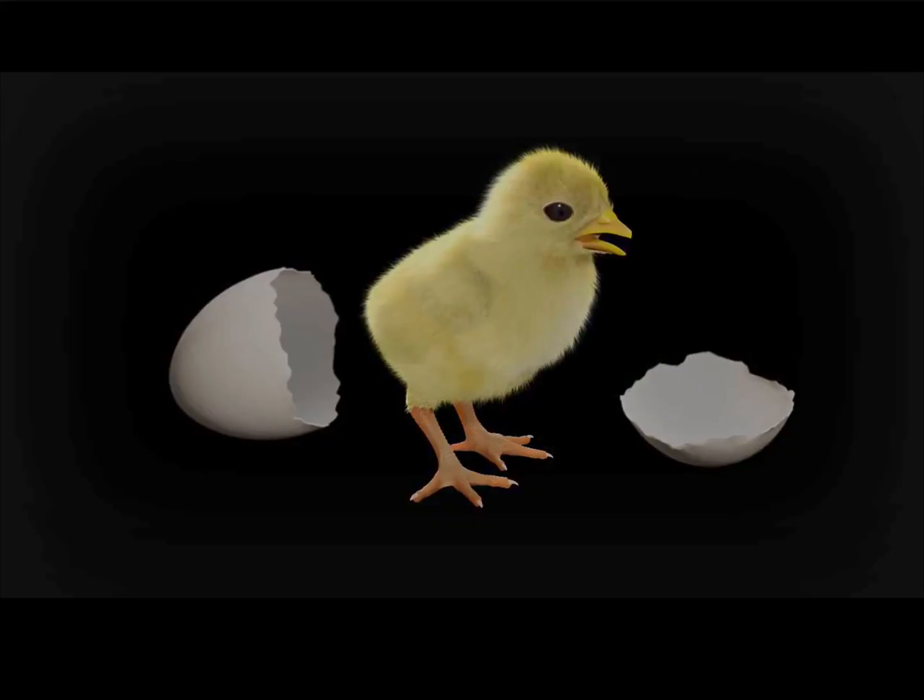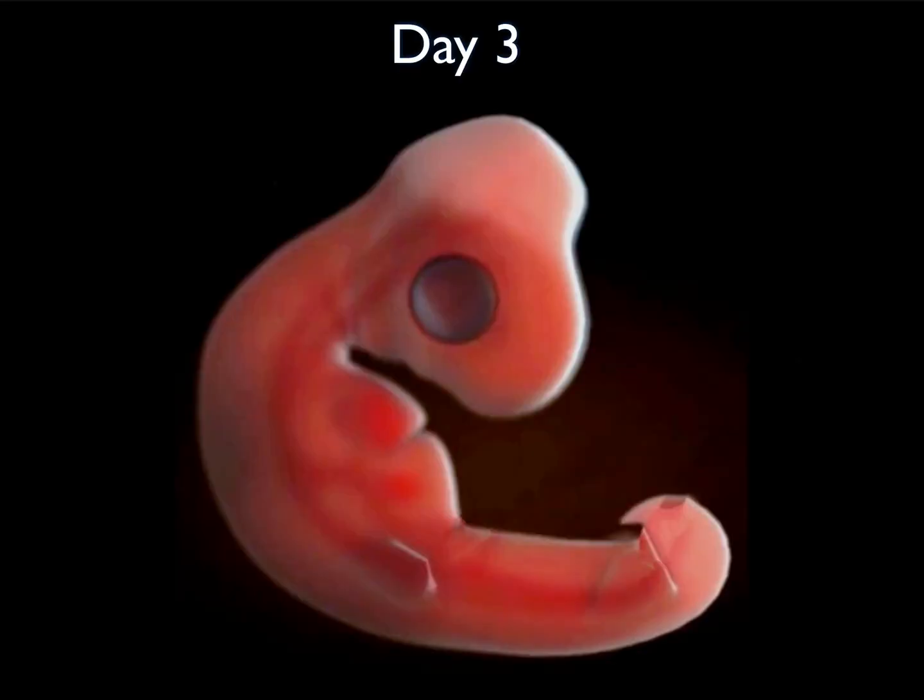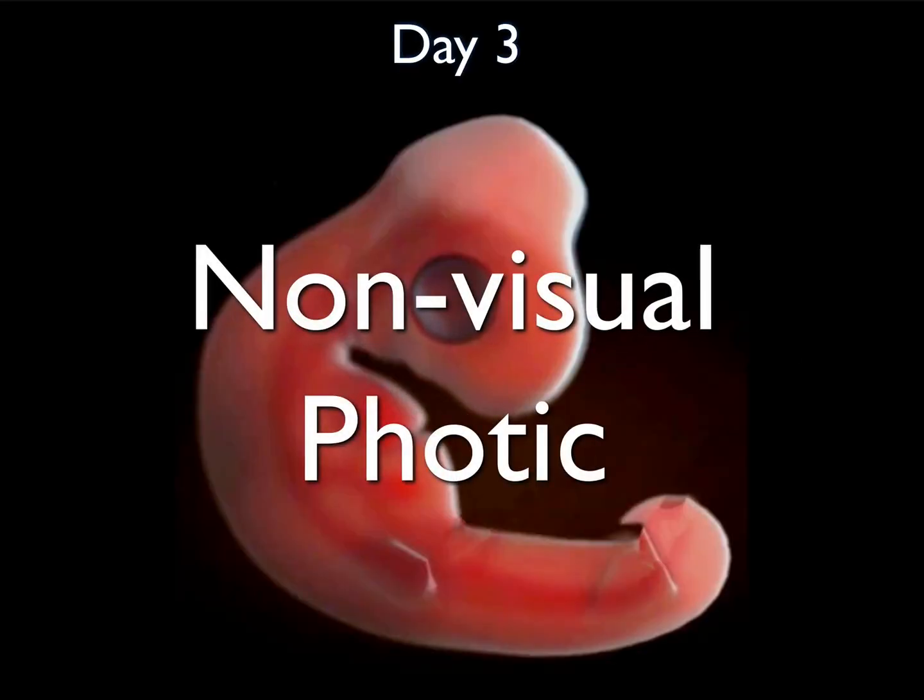Okay, so that's what we're going to use as our model for looking at the development of sensory systems. So we're going to use our counting scheme, so day 0, not day 1. So 20 days to the point. They hatch on day 20. Okay. So on day 3, the first sensory system is actually fully developed, and it's a sensory system you've probably not heard of.